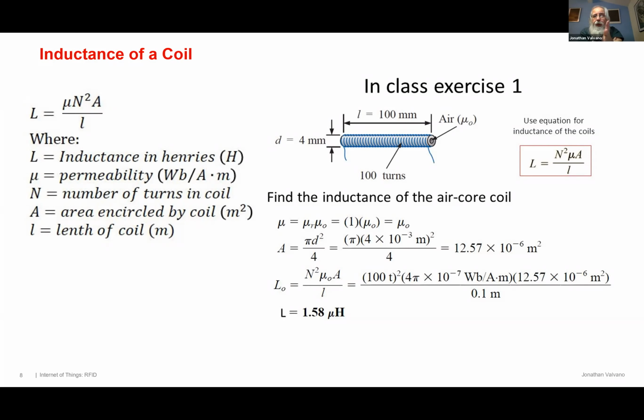As you try to increase the inductance of a coil, you have more turns. But what happens to L as you have more turns? It increases, more than linearly. N can go up, so N squared goes up, but L goes up as well.